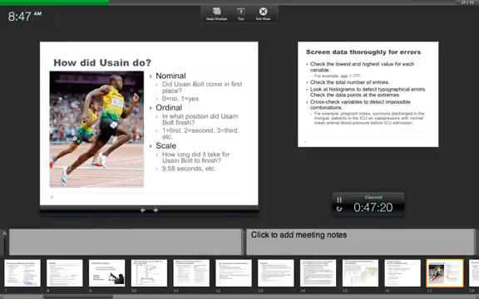If he finished second, that's a 2, etc. Or you can use a continuous measure. How long did it take Usain Bolt to finish the 100-meter race? Well, he finished in 9.58 seconds. Or perhaps in his previous race, he finished in 9.6 seconds. So it's a continuous measure of the time it took him to finish the race.